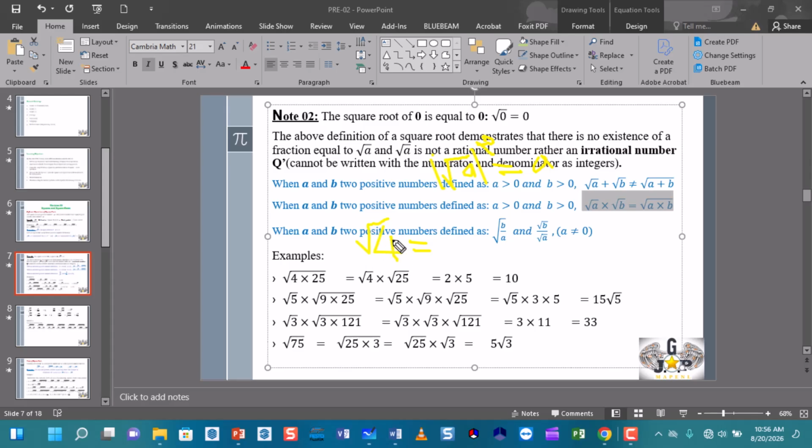If I transform this expression into this expression, this is how it's going to look. I know that 4, if I want to write it as a square, has to become 2 exponent 2.